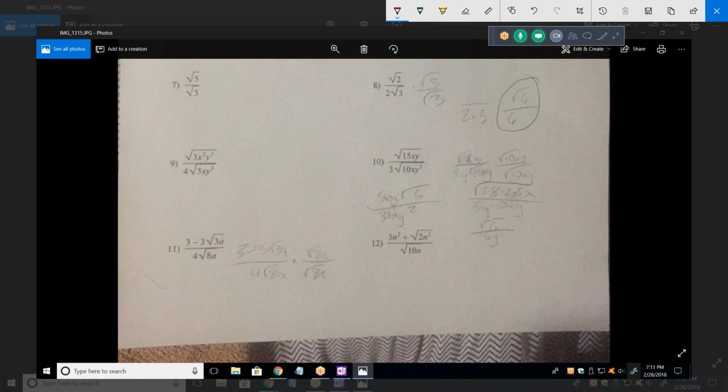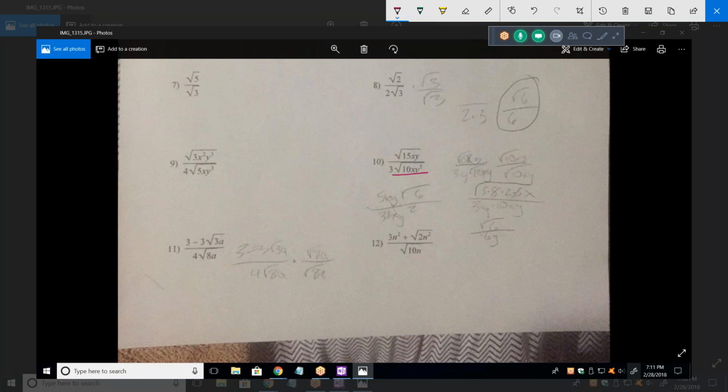Okay, let's go to number 10. Can't quite read your writing enough to see if you've done it right, so I'm just going to say let's start from scratch. Can we simplify that at all?